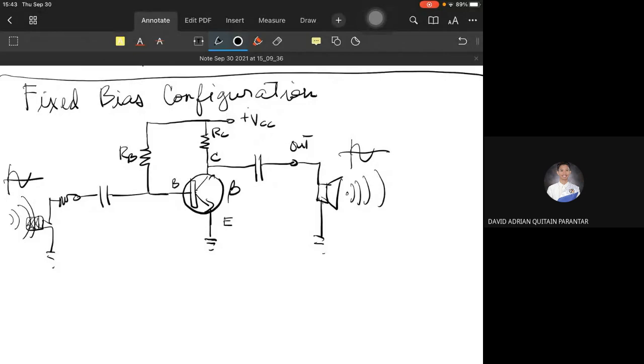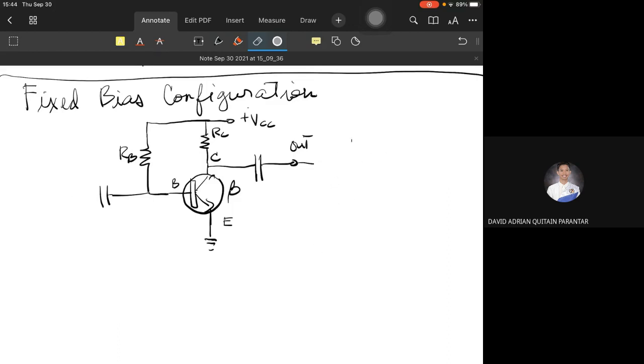The capacitors isolate the microphone and the speaker, so they are not influenced by the DC voltage source, and vice versa. The input and output AC signals also do not influence the biasing, the turning on of our transistor. So we can ignore the effects of the source and the load, the microphone and the speaker, because of the capacitors.